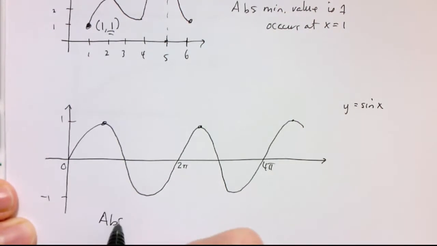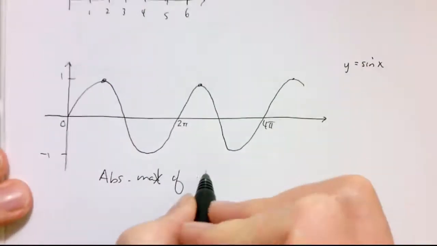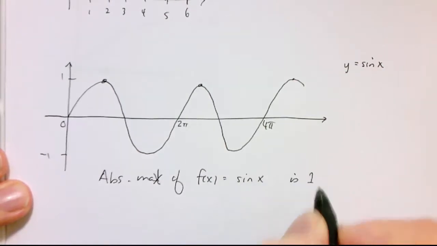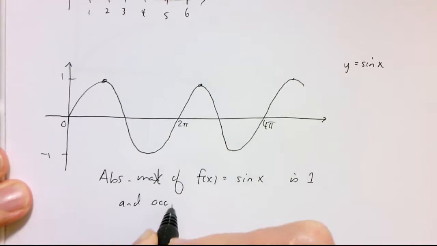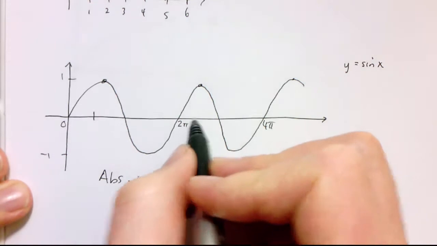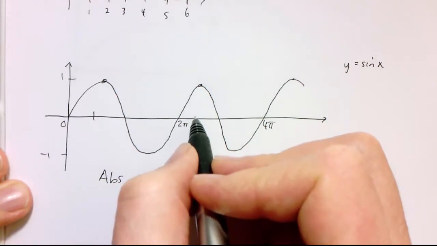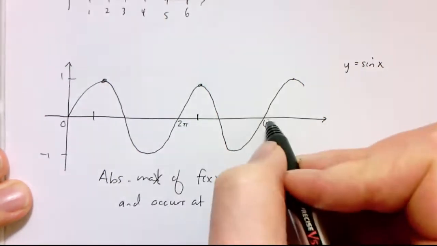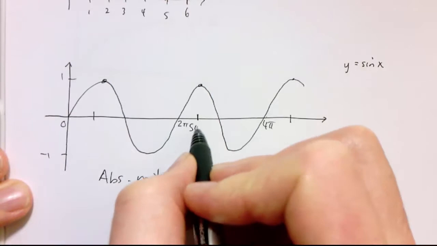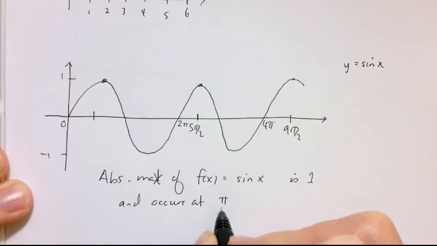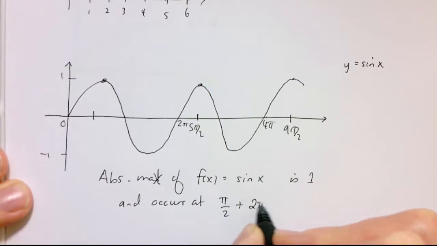The absolute max of sine of x is 1 and occurs, let's see, at pi over 2. Let's see, this would be 4 pi over 2, 5 pi over 2, 9 pi over 2. So it's pi over 2 plus any multiple of 2 pi.